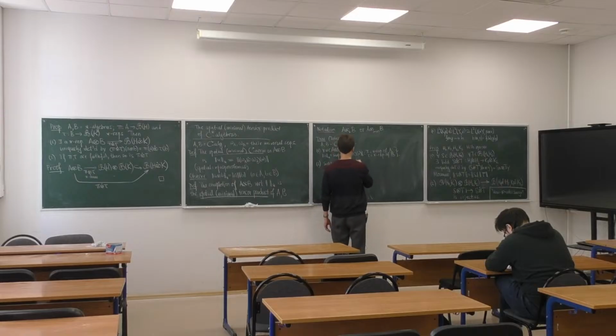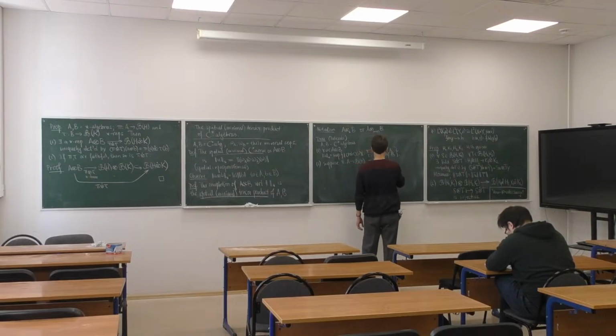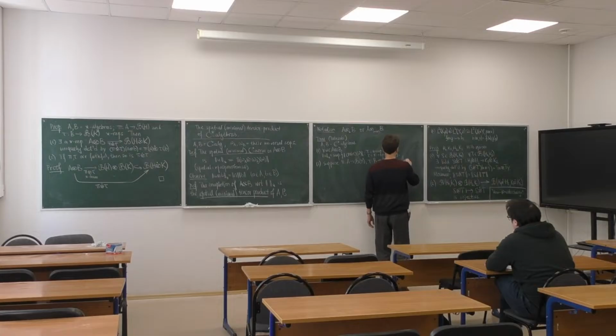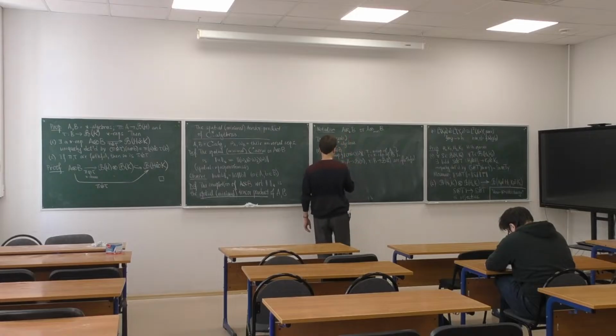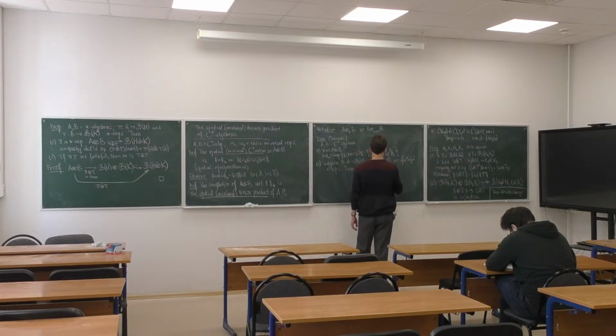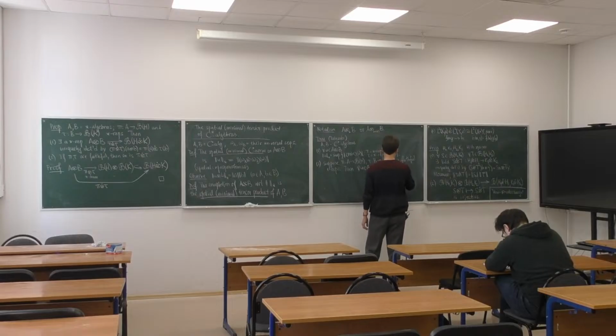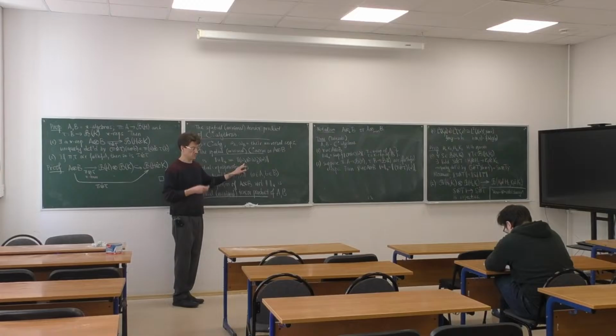Pi is a faithful star representation of A, and rho is a faithful star representation of B. Then, for every element u in the tensor product of A and B, the spatial C-star norm is equal to the norm of the following operator. So in other words, there is no need to take the universal representations here. We can take arbitrary faithful representations of A and B, and they give the same number.